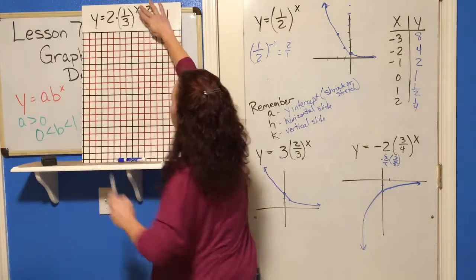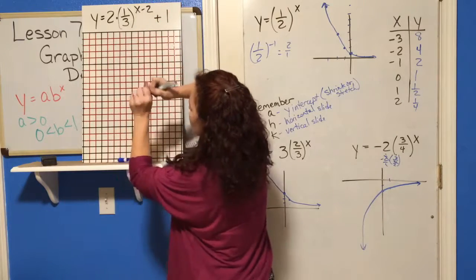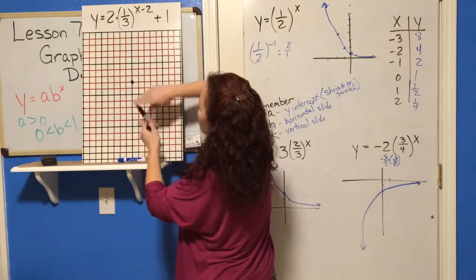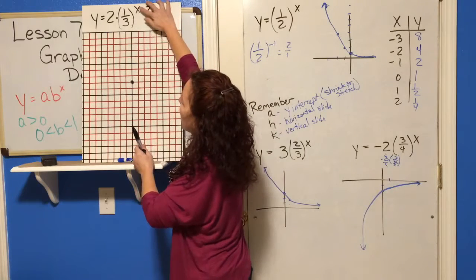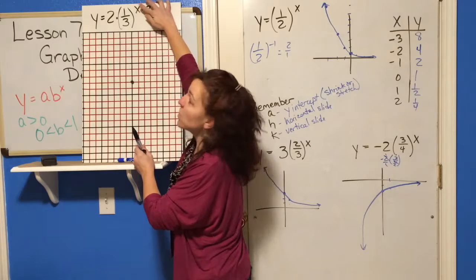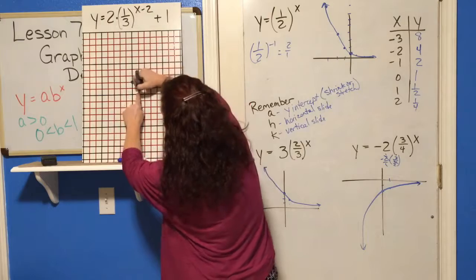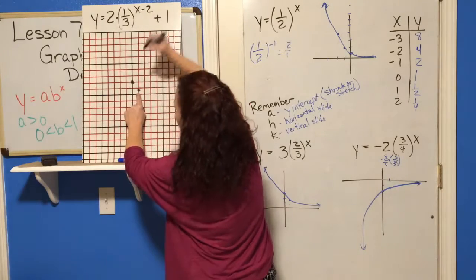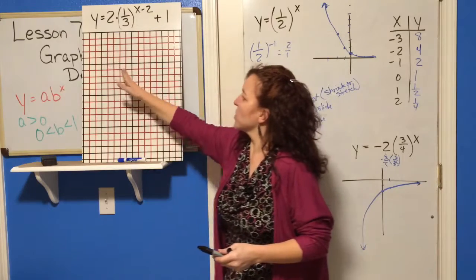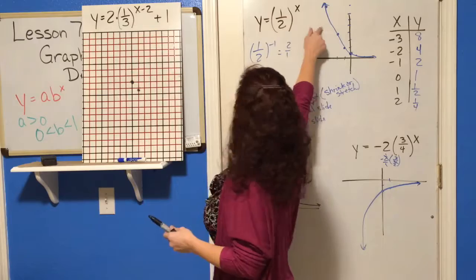So 0, 2 is our first point when we're ignoring the h and the k. And then if you put in 1, 2 times 1/3, you end up with 2/3, right about here. So our decay graph is going to look like this, because it matches the parent graph.